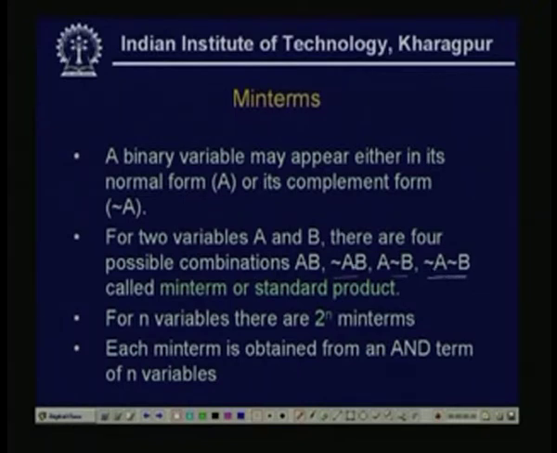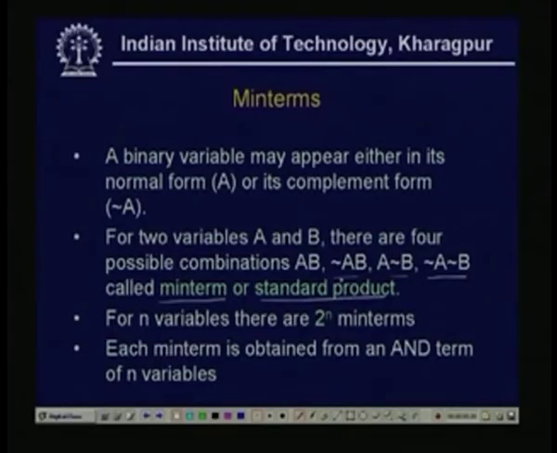Now, these are called min terms or standard products. So, mainly the product terms, or if the operator is a dot operator, then the variables operated by that operator are called the min terms. Now, for n variables, there are 2 to the power n min terms.